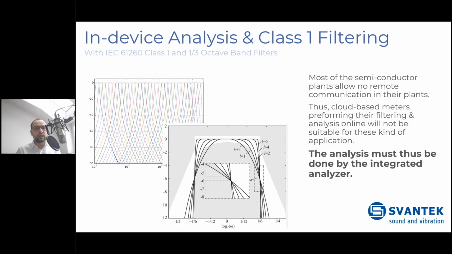Now, thanks to third octave band, we can have the same level everywhere. Now, what do we mean by in-device analysis? A lot of semiconductor plants will have extremely stringent requirements, not only when it comes to vibration, but also when talking about the security and privacy within the plant.